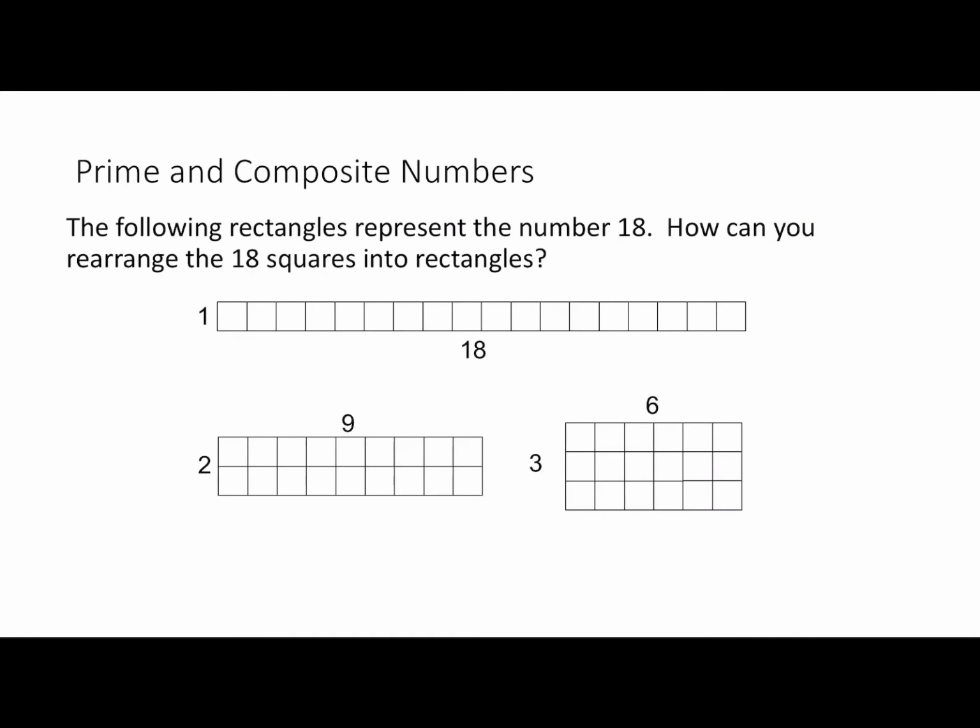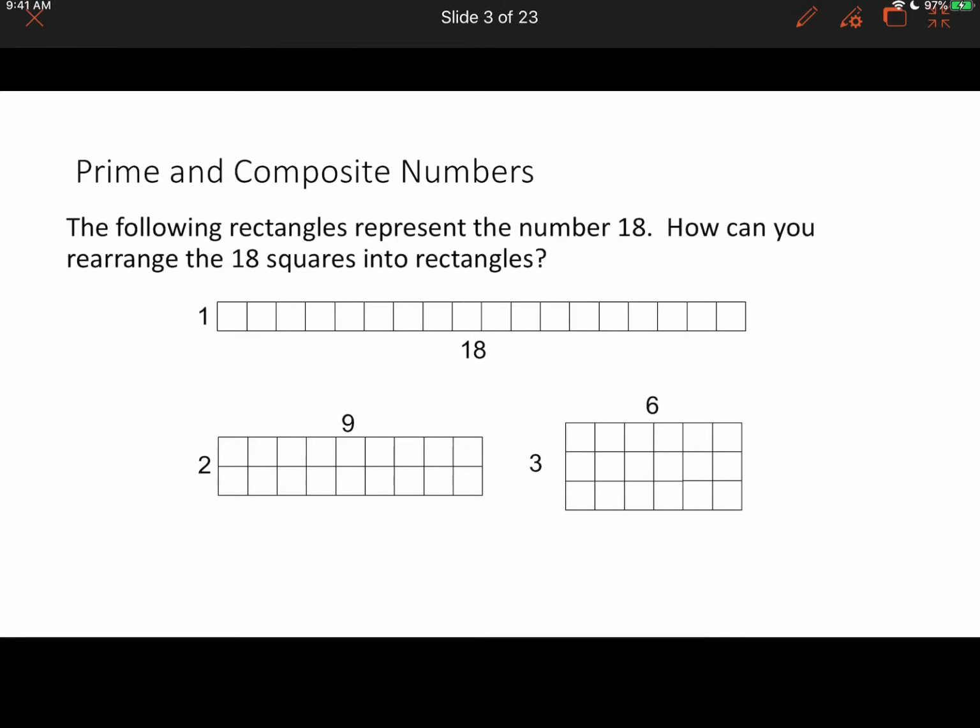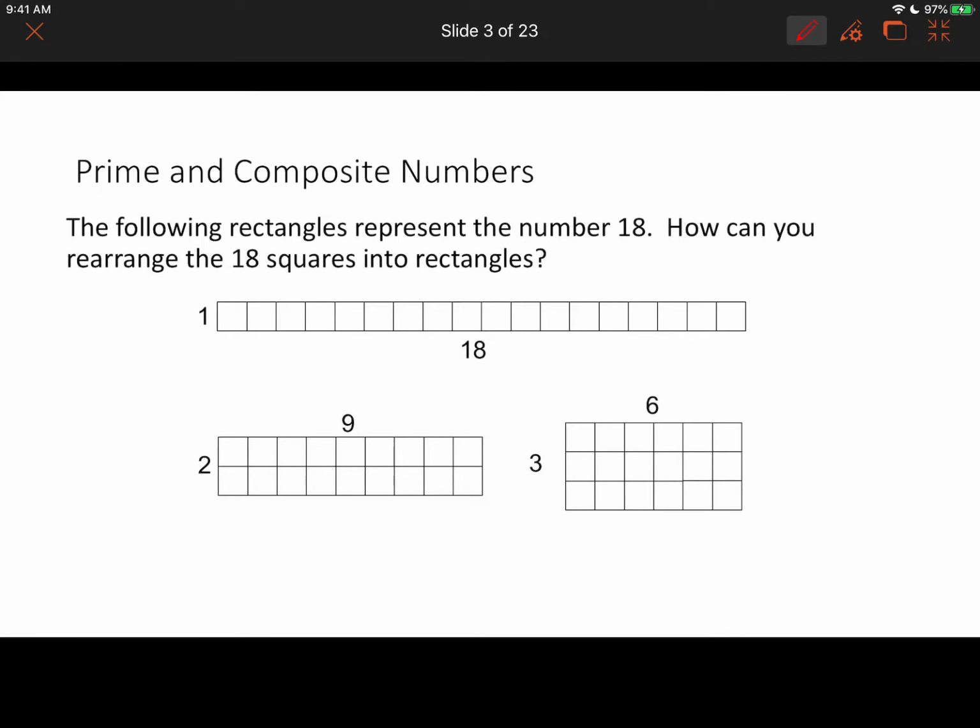These rectangles represent the number 18. How could you rearrange the 18 squares into rectangles? This is helping kids to visualize the number 18 as a product of its factors. So I could write 18 as 1 times 18. That gives me a rectangle that's 1 by 18.